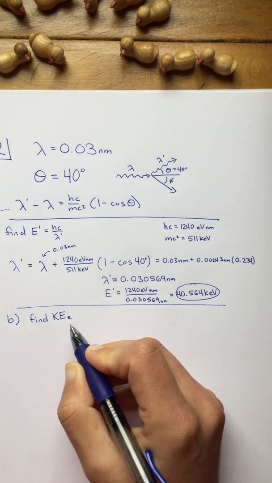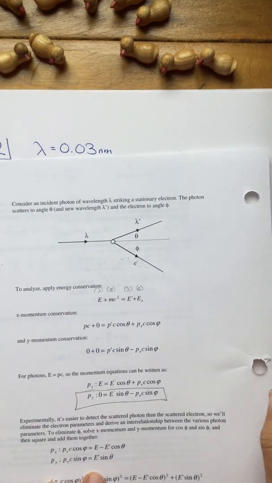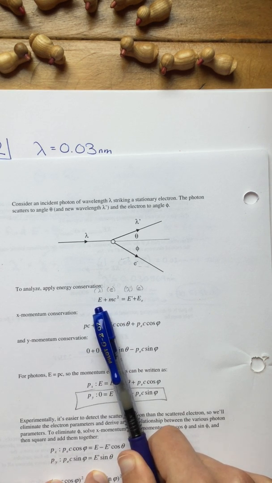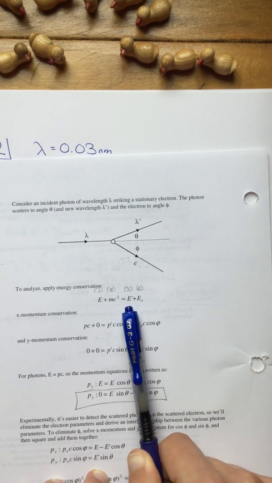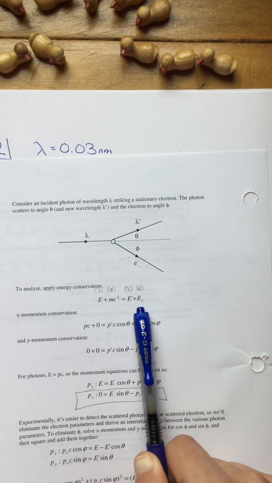If we go back to page 6 in the textbook, for this situation, we did conservation of energy, and we wrote out the initial energy of the photon plus the rest energy of the electron, because it was initially at rest, is equal to the final energy of the photon plus the energy of the electron. But the energy of the electron is its rest energy, mc squared, plus its kinetic energy.